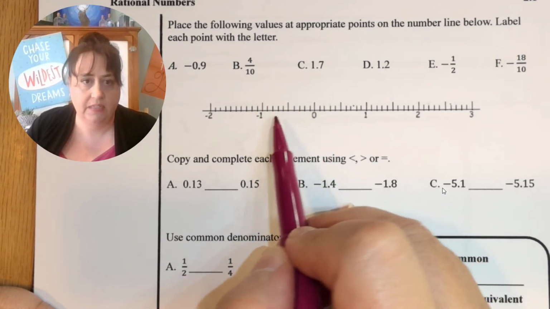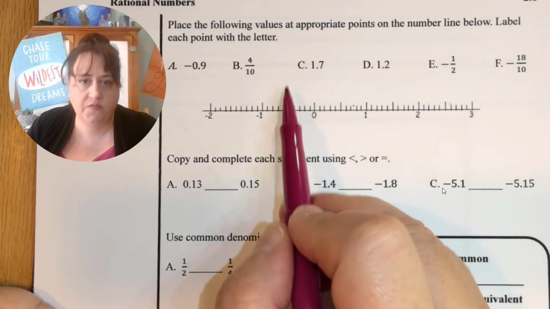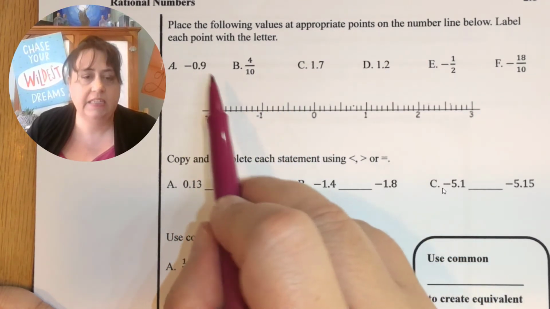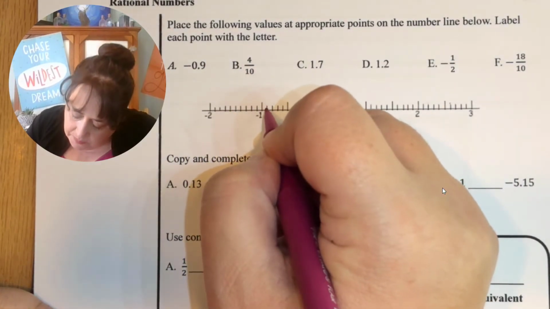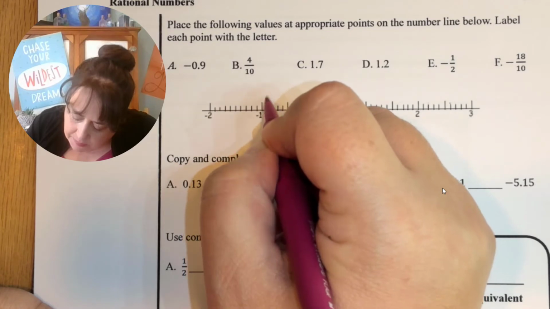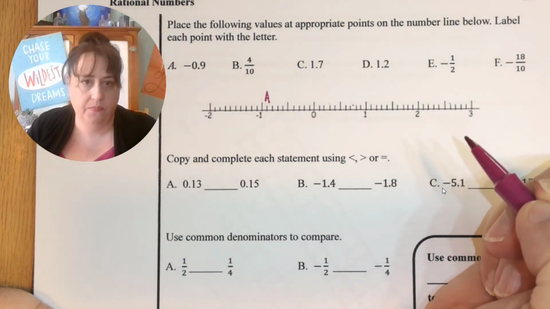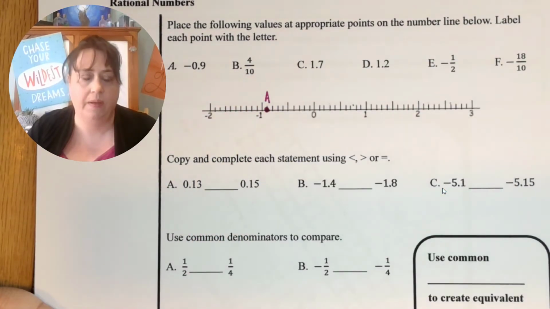These are tenths. So that'd be 1/10, 2/10, 3/10, 4/10, 5/10, 6/10, 7/10, 8/10, 9/10. This is -0 and 9/10. So this right here, this line would be A.